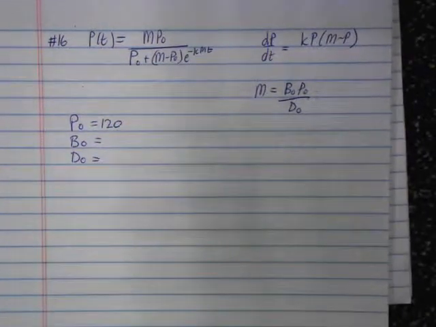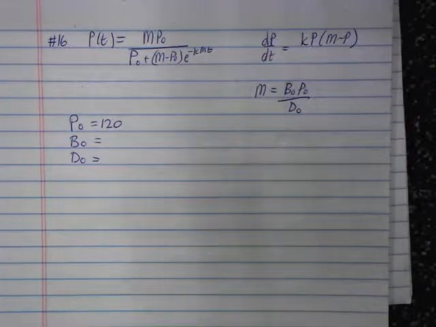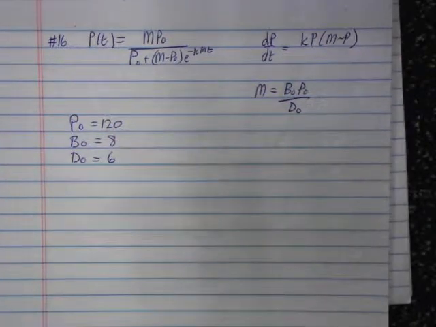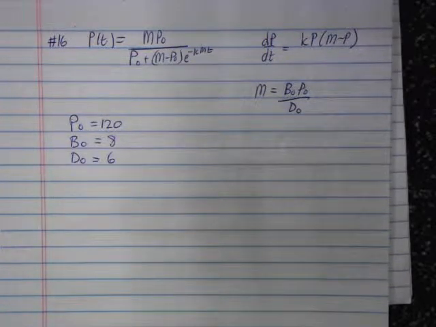So the births at time 0 were 8 and deaths were 6. How many months does it take for P of t to reach 95% of the population?